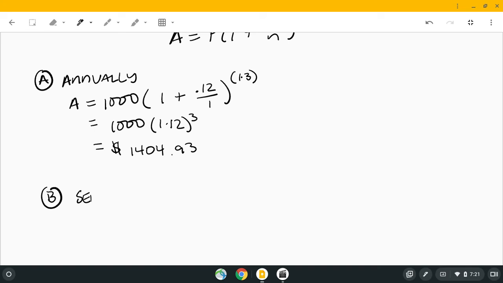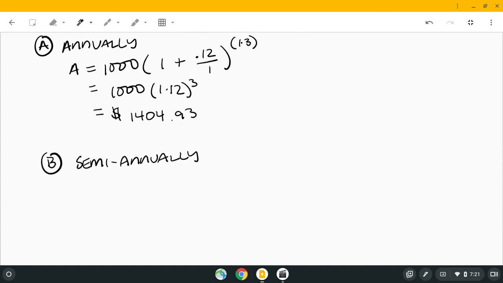Semi-annually, the interest is compounded twice. So we get A equals, still our initial amount of 1,000, times 1 plus the interest rate, still 12%. Now n is different. N is 2 semi-annually, so it's 2 to the 2 times 3.